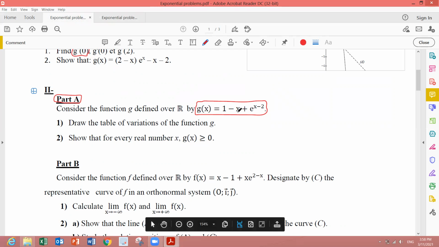So I have to calculate g prime. Derivative of minus x is minus 1. Derivative of e to the u is u prime e to the u, that is e to the x minus 2.